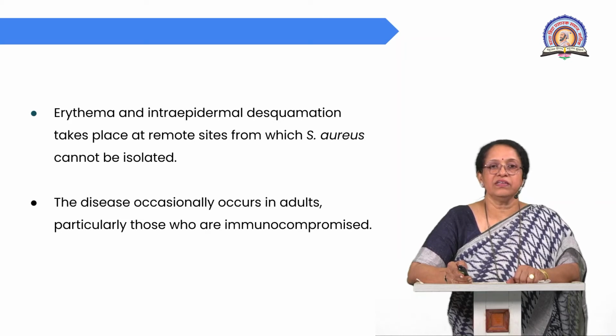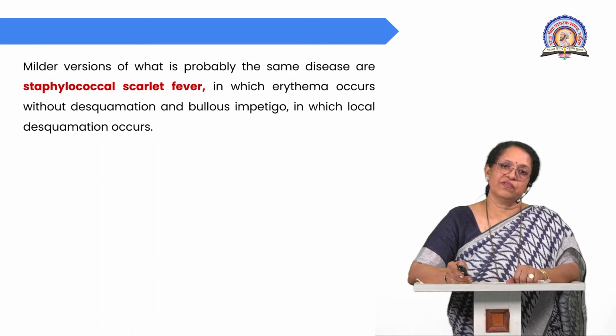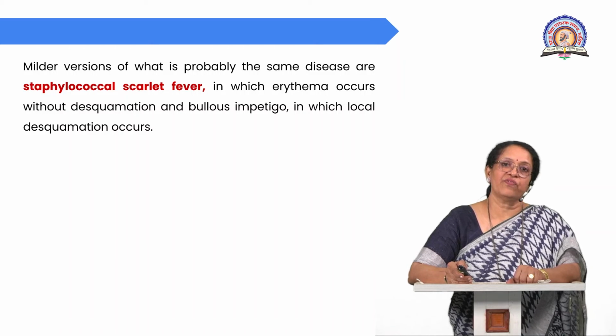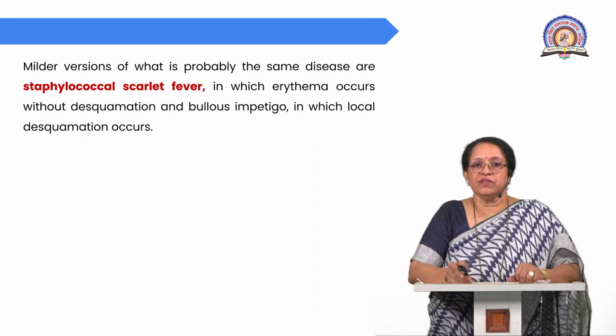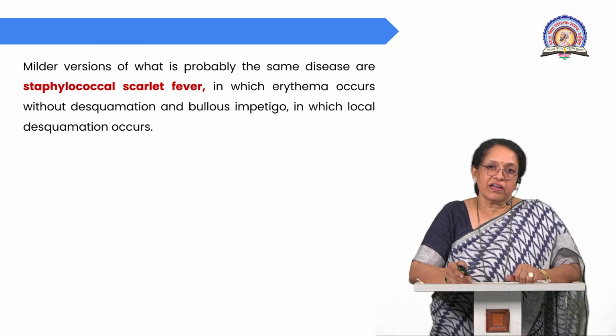Very occasionally, this symptom is observed in adults, mainly the immunocompromised patient that is suffering from certain treatment of a malignancy, certain treatment of cancers. A milder version is called staphylococcal scarlet.